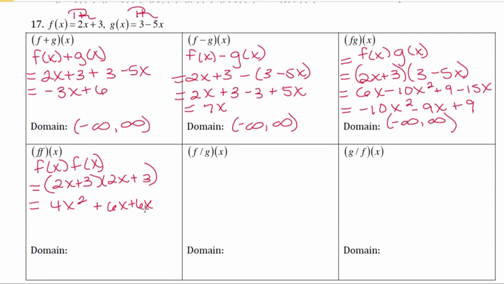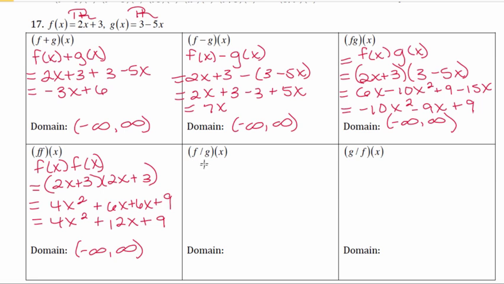You can combine that right away if you want to. Plus 9. 4x squared plus 12x plus 9 is the final simplified version. And our domain is the overlap of my original functions, and f of x is negative infinity to infinity.